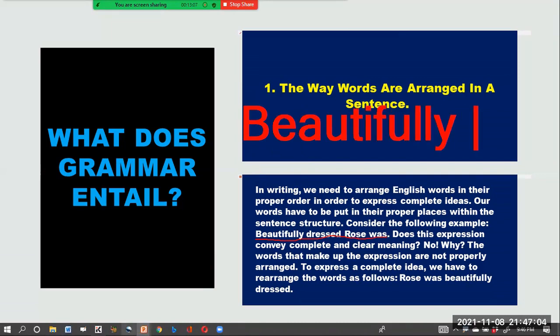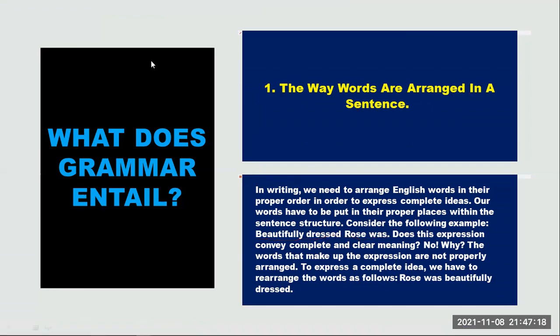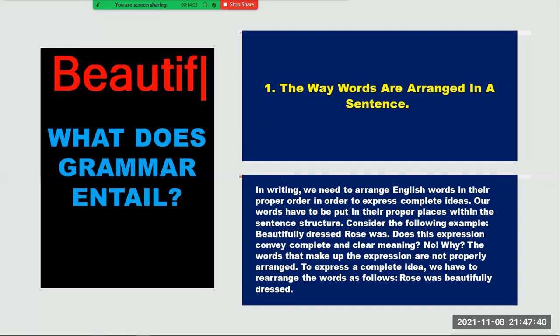If you begin a sentence with "beautifully", well, you can begin a sentence with "beautifully" if you put the other words that follow in their proper order. But when we look at this group of words, we discover that these words are not placed in their proper order.